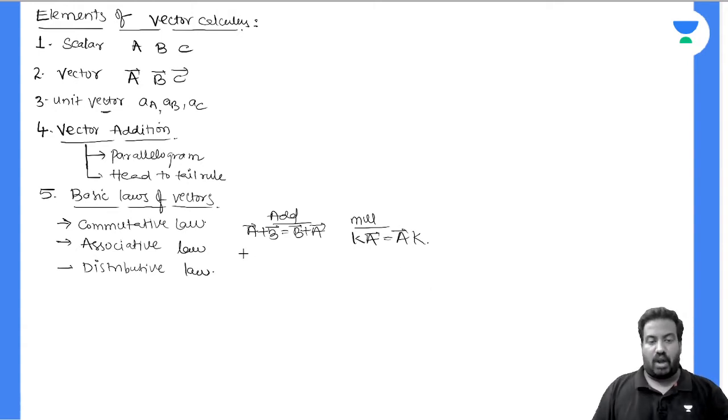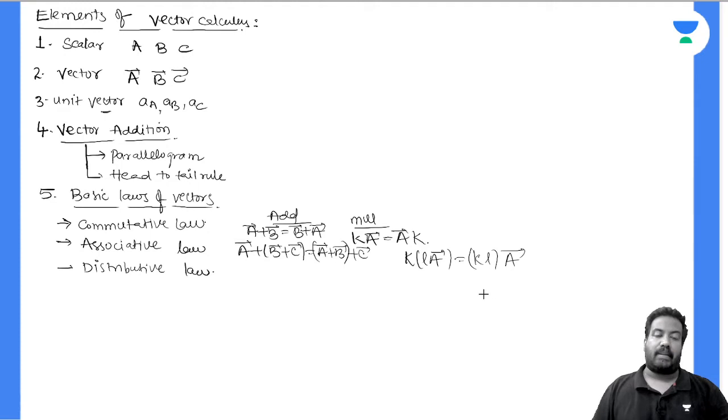Coming to associative law, if A, B, C are three vectors, then A plus (B plus C) is equal to (A plus B) plus C. This is associative law of addition. If K and L are scalars, K into (L A) is equal to (K L) into A. This is associative law of multiplication.